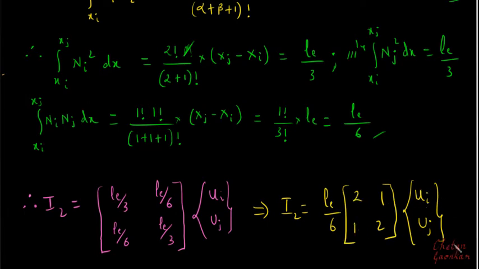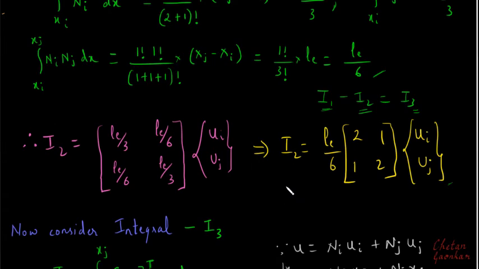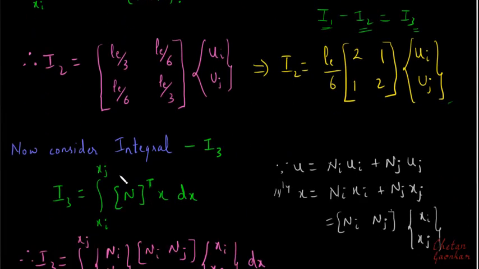So I have been able to evaluate I2 also, and our equation was I1 minus I2 is equal to I3. So I had found what is I1, and now we have found what is I2. Now let us evaluate what is I3. This was our I3, and here I now want n transpose times x.